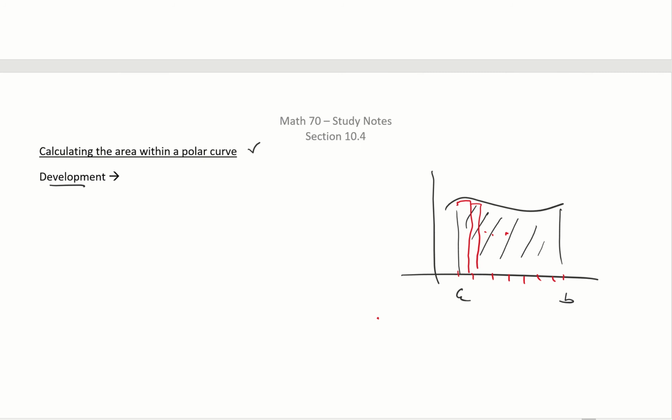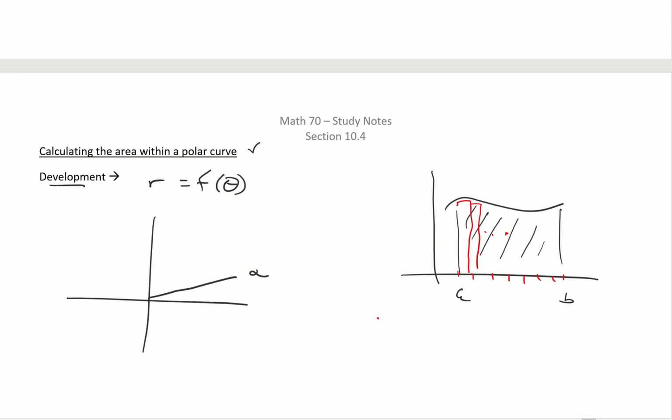Okay, so you have some sort of function. r is a function of theta. Okay, if that's a theta. And you have limits for theta. Let's say it goes from, I don't know, alpha, which is angle alpha right there.